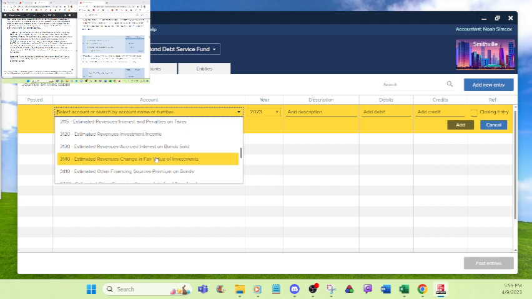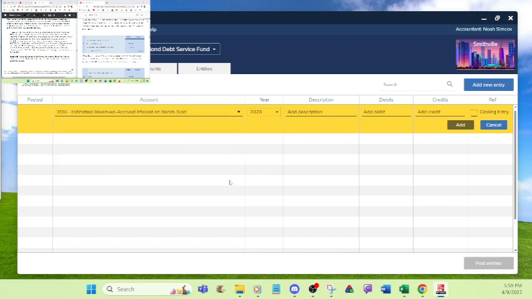So, estimated revenues for accrued interest on bonds sold is going to be 650. Apparently nobody does budgetary accounting either, which is pretty fun. It's just so fun, dude.